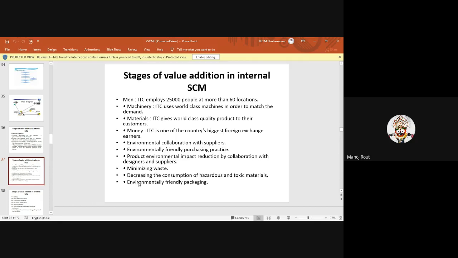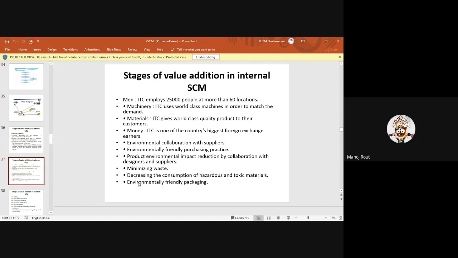Then minimization of waste. If you go to the nearby ITC manufacturing unit anywhere across India, they have a particular setup for waste disposal and storage, and drainage disposal of biodegradable waste or wastage of material which is directly generated from the manufacturing unit of ITC.